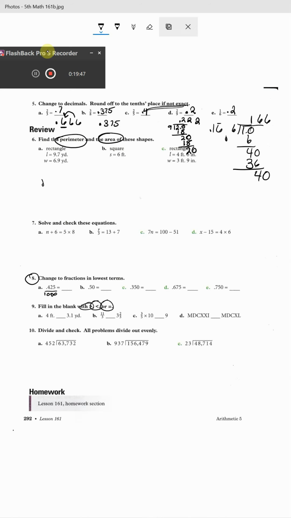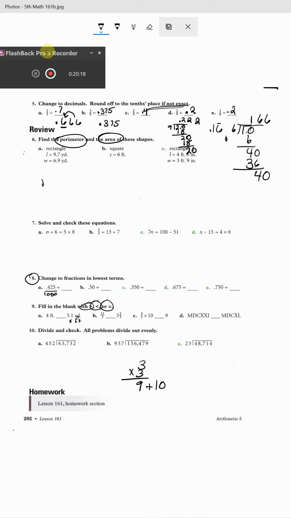Like for instance, with 4 feet and 3.1 yards, let's change this one to feet. Yards to feet is multiply. 3 yards times 3 feet would be 9 feet, plus one more would be 10 feet.